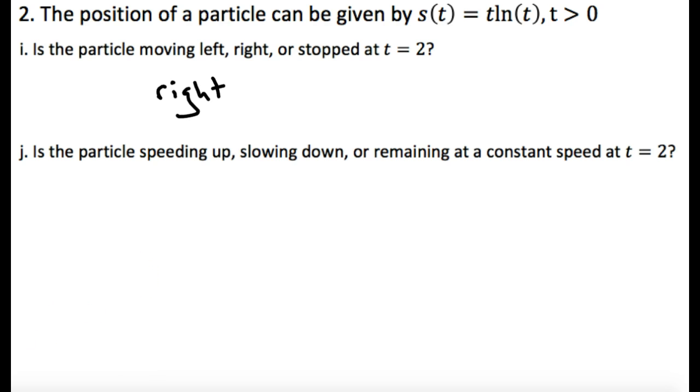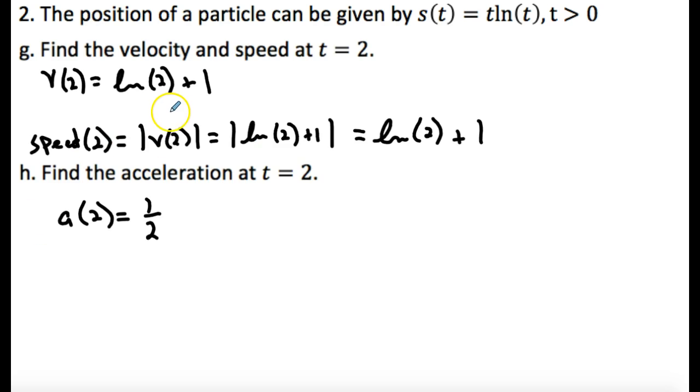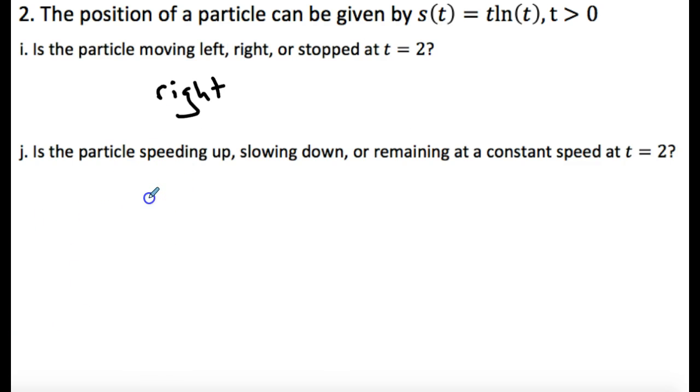Well, remember to do that, we want to look at the signs of both velocity and acceleration. In this case, they are both positive. If they are the same sign, that means we are speeding up. Okay. All right, that is it.